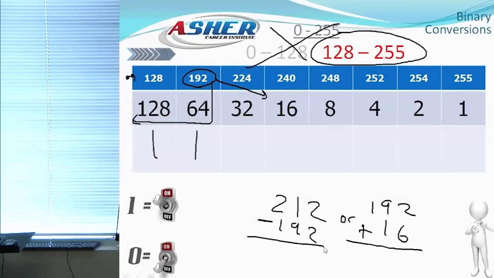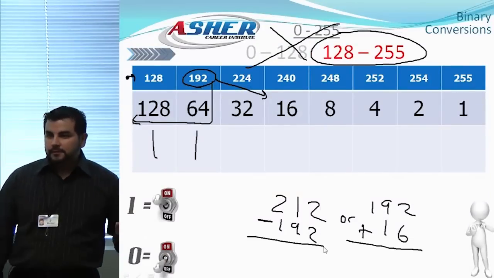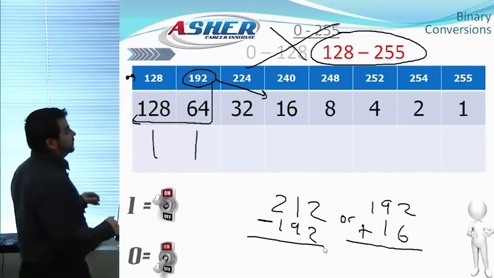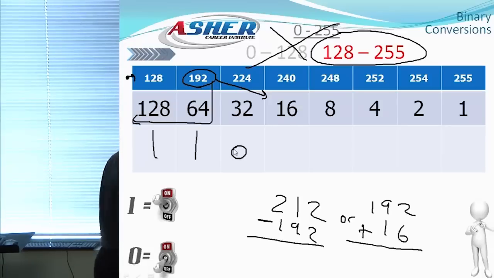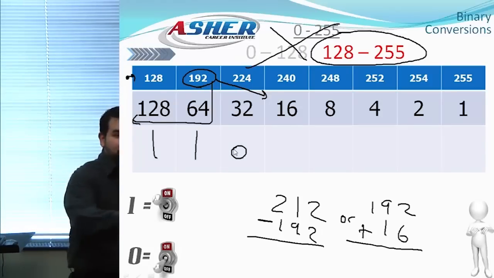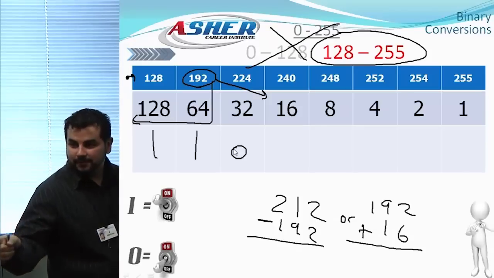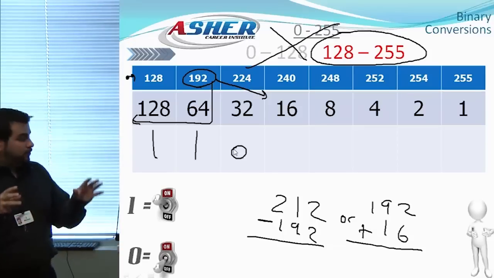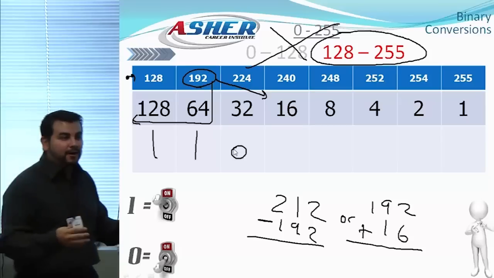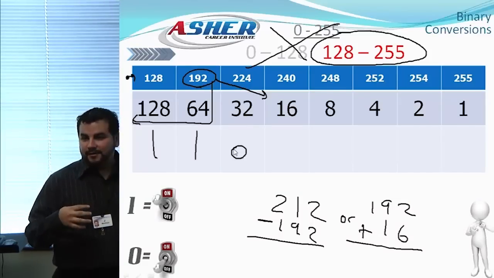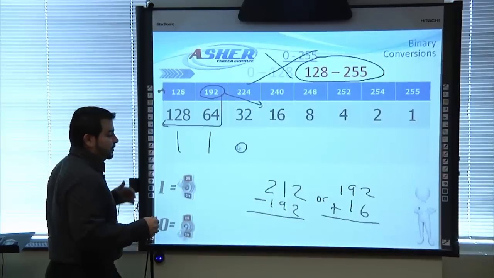Now, I want y'all to pick one of the two. Which one's easiest for you to solve? Subtraction? Adding. Okay. So whatever you think is easier for you to solve, now you kind of know how you think. All right. So what's the answer?